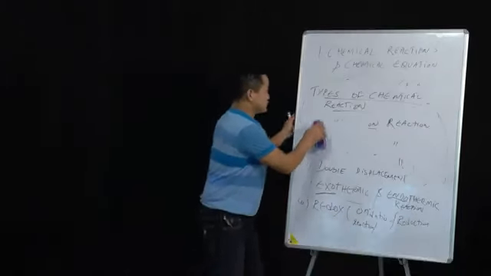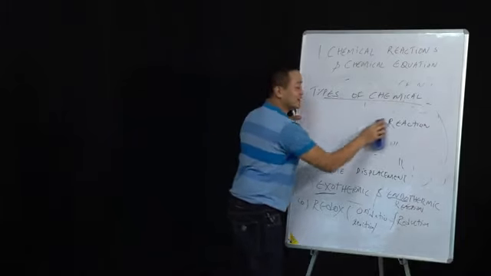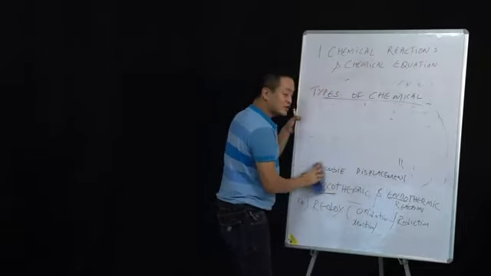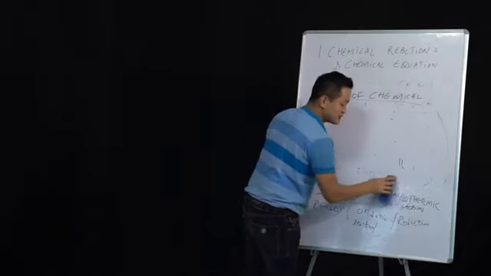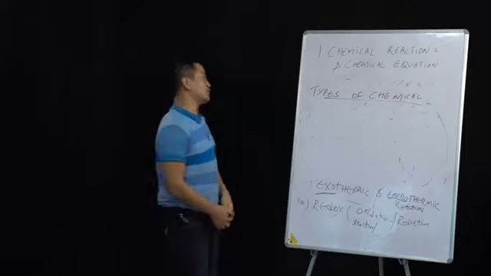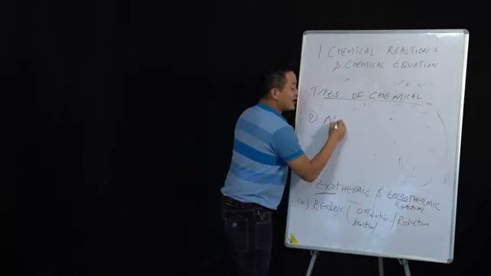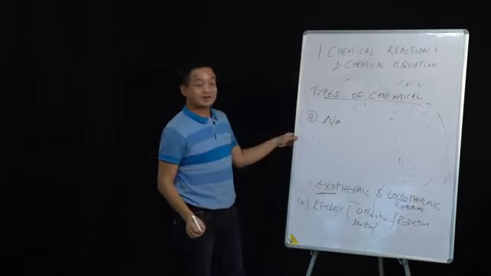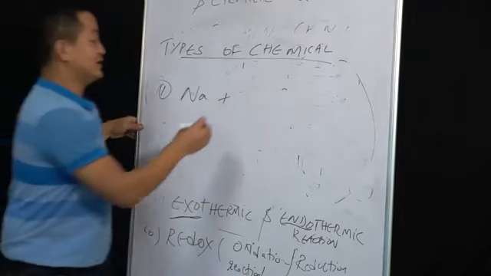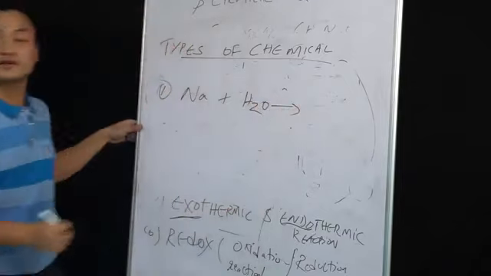Okay, so class, I'm sure you have noted down everything that we have studied today. And I will leave you with one equation. I'll give you a simple equation which I will solve in the next class. So it's like homework for you. What is Na? It's the chemical symbol for sodium, right? Sodium reacts with H2O, that means water.